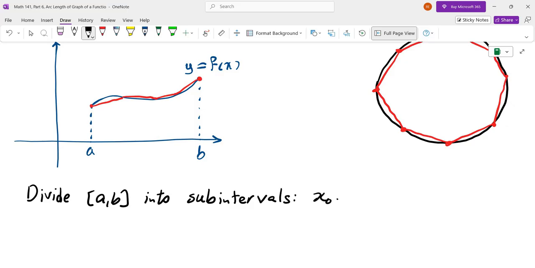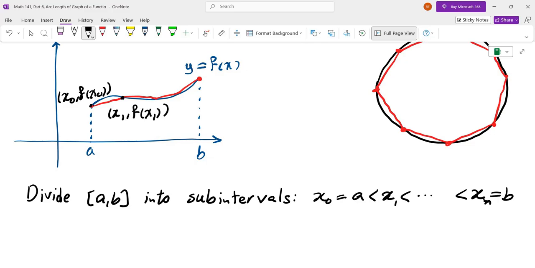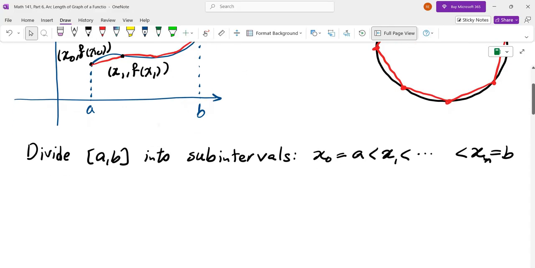Let's say x0, x1, all the way to xn, and then we pick these points. The first one is x0, f of x0. The next one is x1, f of x1. We find the distance between x1, f of x1 and x0, f of x0.